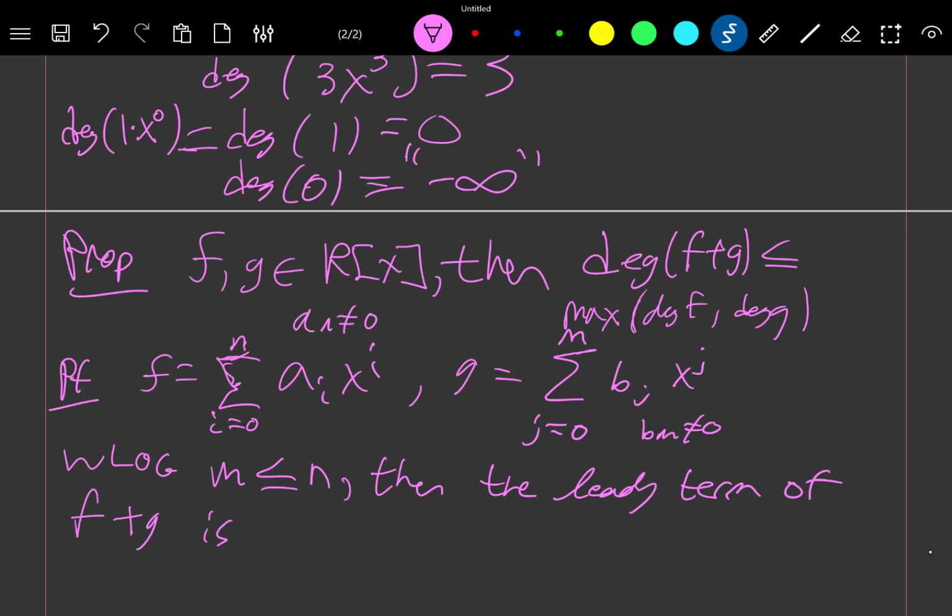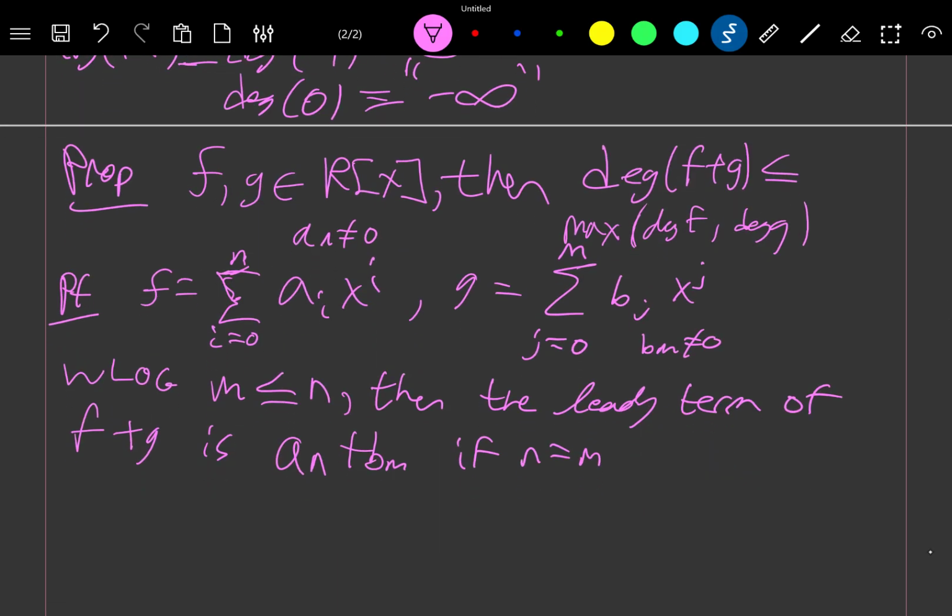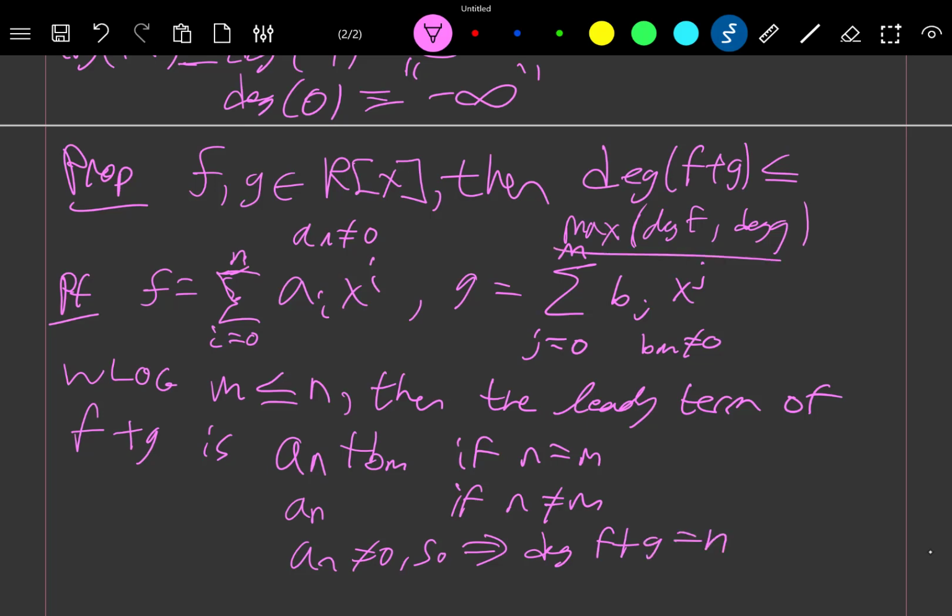The leading term of f plus g is going to be a_n, but it could possibly be b_m if n is equal to m, and otherwise it'll be a_n if n is not equal to m. If n is not equal to m, we know a_n is not 0, so this would imply that the degree of f plus g is n, which is less than or equal to the max.